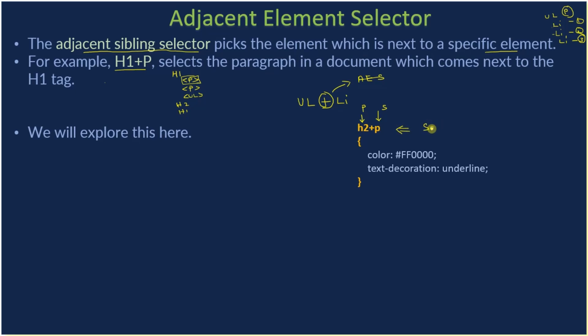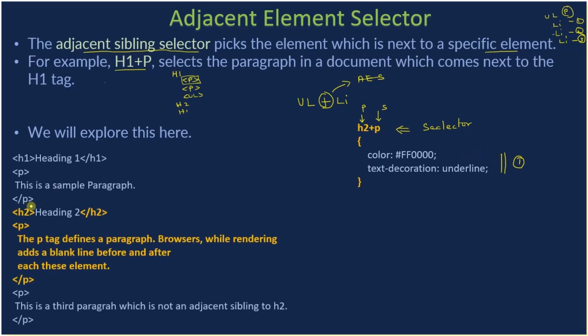So here is the selector which denotes the first paragraph after the H2, and here is the rule. In the example, if you see, we have an H2 that contains 2 paragraphs. These paragraphs are at the same level, right?